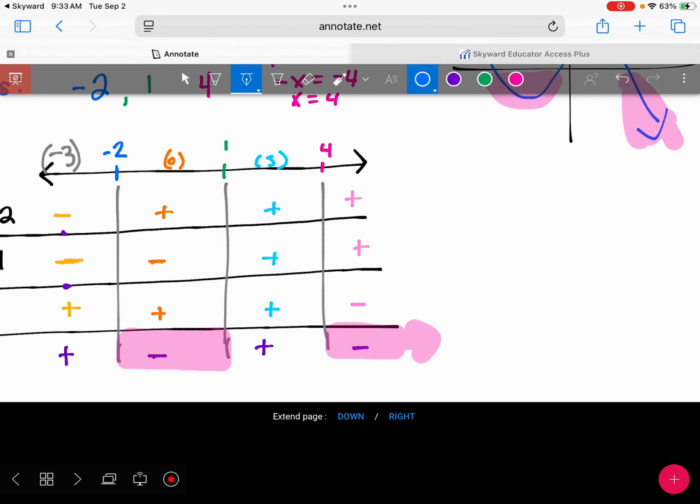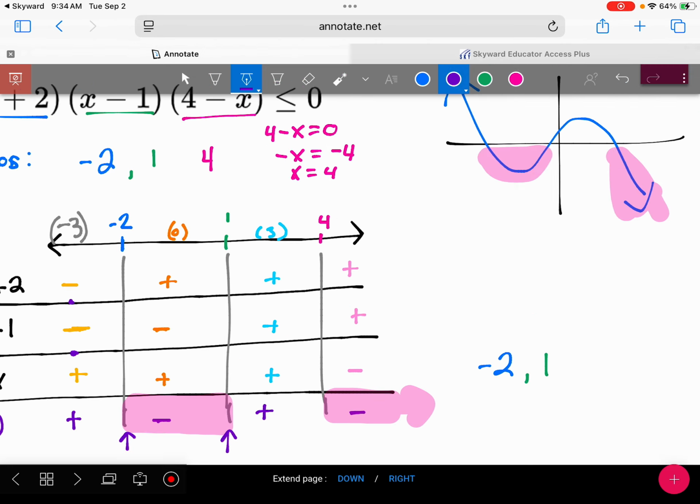So we know we're going to be between our negative 2 and our positive 1. Are those pieces going to get parentheses or are they going to get brackets? Do we get to equal 0 on this one? Yes. So if I can equal 0, I can include these pieces as long as they don't give me a funky denominator. Which they don't, because we don't have a denominator here.